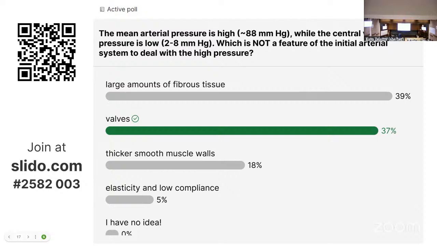Maybe the reason people didn't pick that is we do have one place with a valve, basically the wall between the aorta and the heart, right there at that connection. But we're not going to see valves anywhere else in our arterial system, so we lump that in with our understanding of the heart itself. Okay.